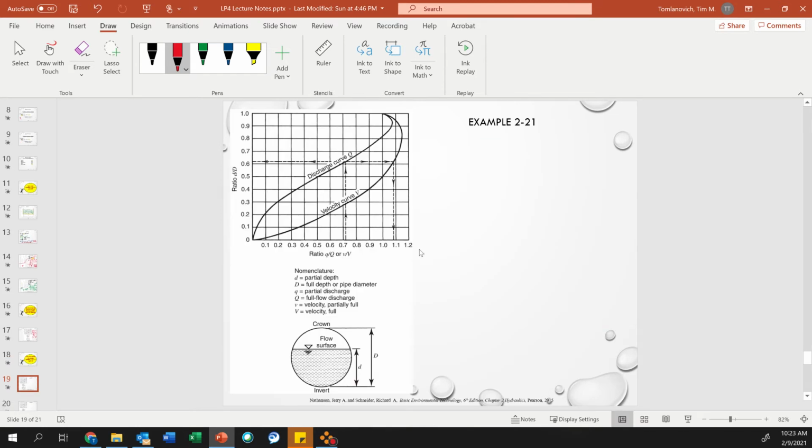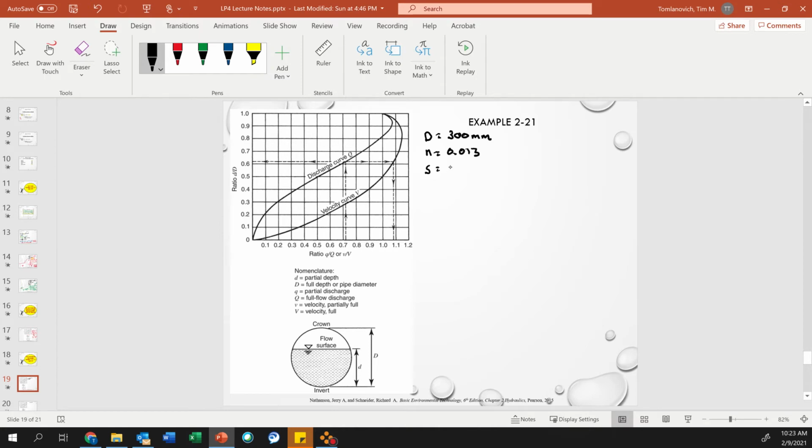Example 2.21. A 300 millimeter diameter pipe. Okay, write down what you know. D equals 300 millimeter diameter pipe with an n value, or Manning's roughness coefficient, 0.013, is constructed on a slope of 0.02.